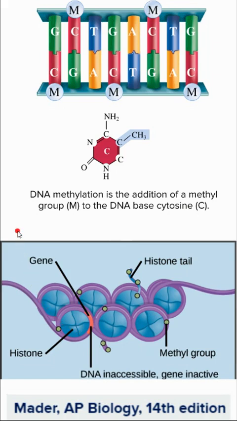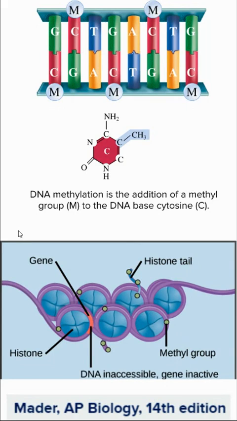Now, making genes inaccessible doesn't necessarily mean that's a bad thing. As cells differentiate and become different types of cells, they're not going to make proteins associated with other tissue types. They only are going to express the genes with that particular tissue type.